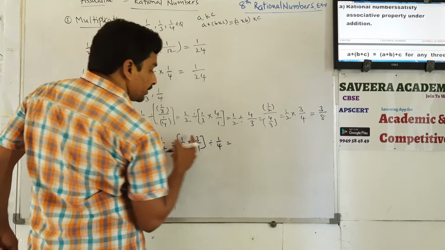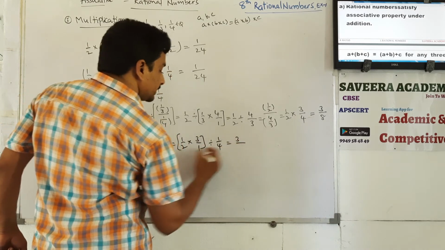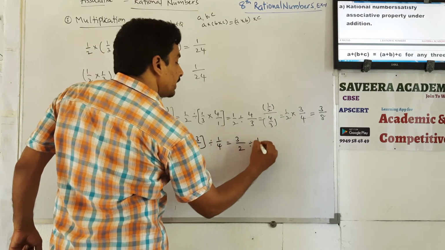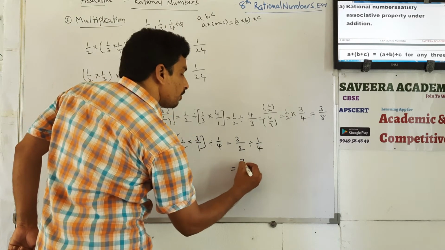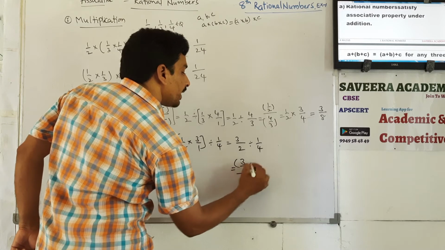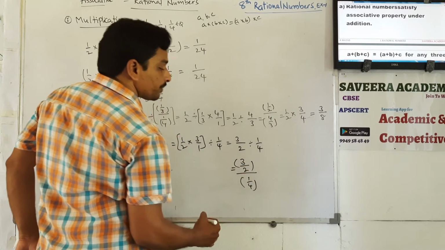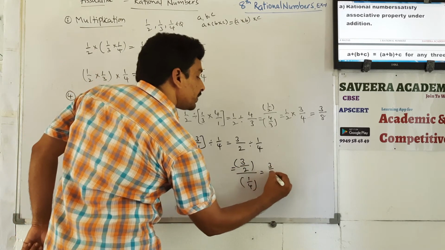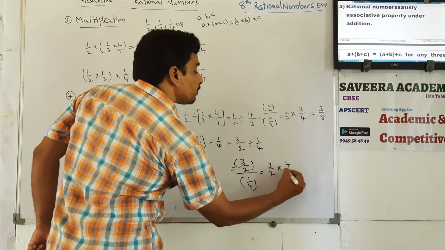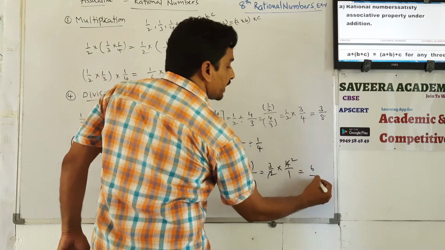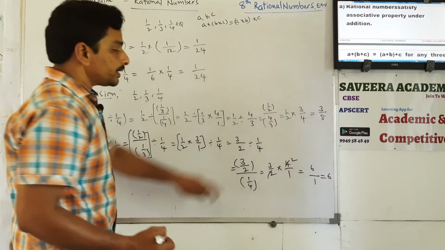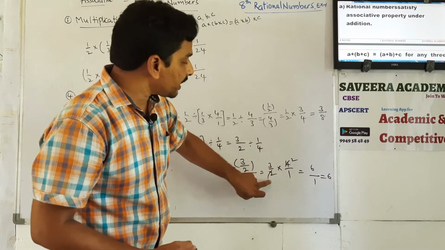So this is equal to 3 ones are 3, by 2 ones are 2, divided by 1 by 4. So this is equal to 3 by 2 divided by 1 by 4, which is 3 by 2 into 4 by 1. Here 2 times goes, so 6 by 1: 3 2s are 6, by 1 into 1 is 1. You got 6.